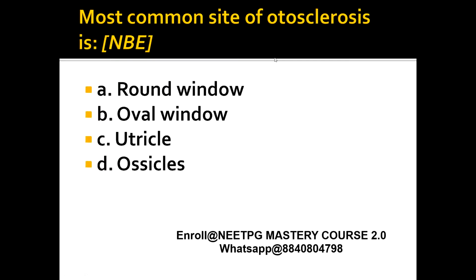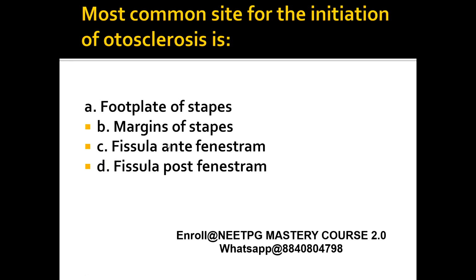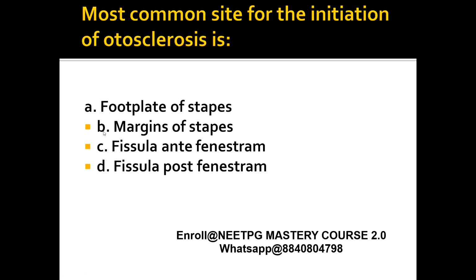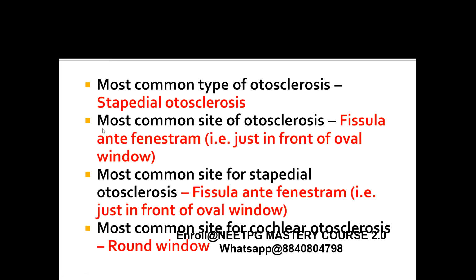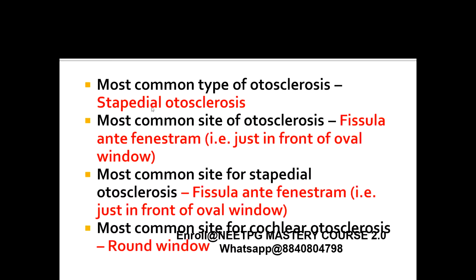Most common site of otosclerosis: oval window, round window, utricle, ossicle. Most common site is the oval window, because the stapes footplate is fixed at that point. Most common type of otosclerosis is stapedial.